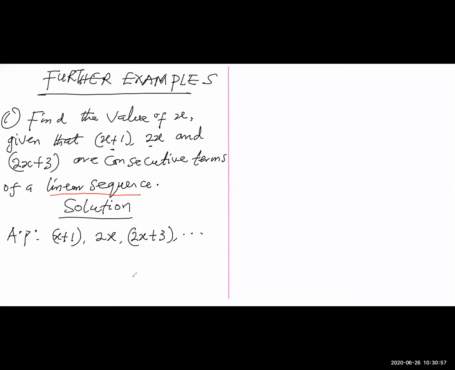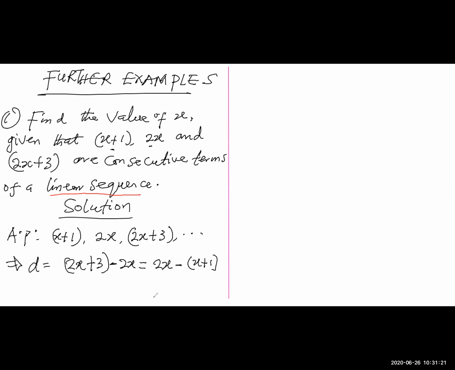The principle behind AP is that the common difference is unchanging. That implies that our common difference, d, is constant. Our d is equal to the third term, 2x plus 3, minus the second term, 2x, which is the same thing as saying the second term, 2x, minus the first term, x plus 1.